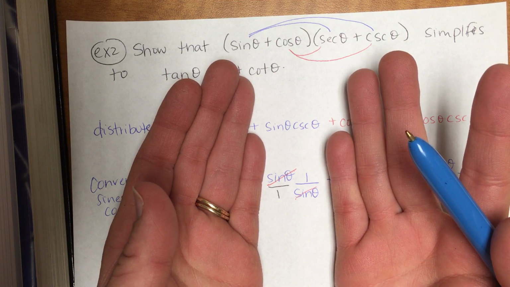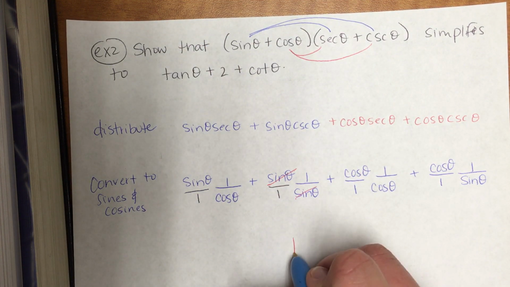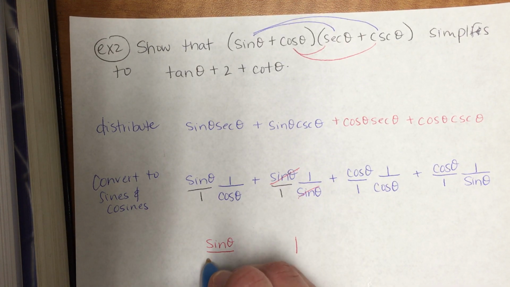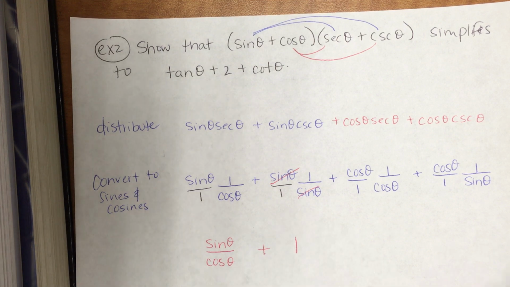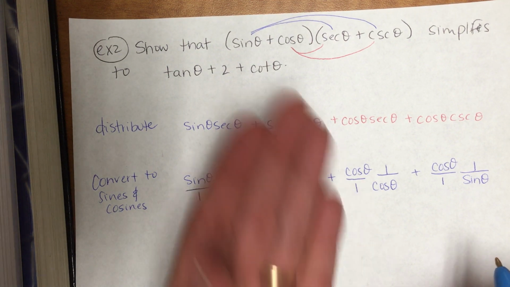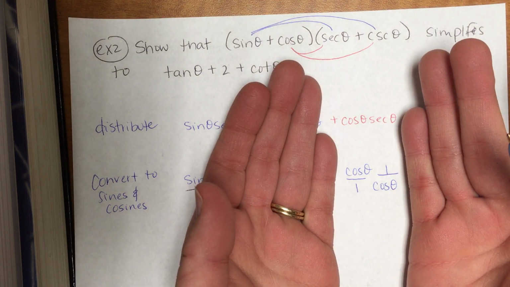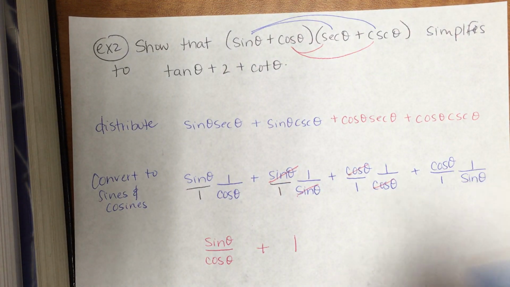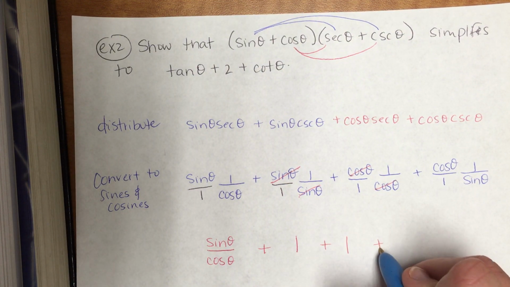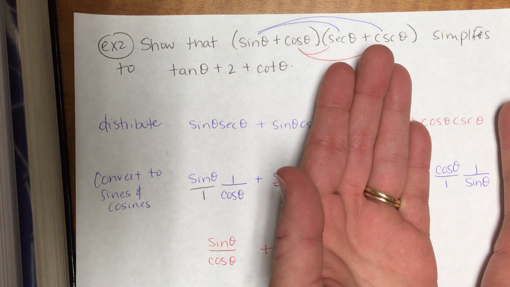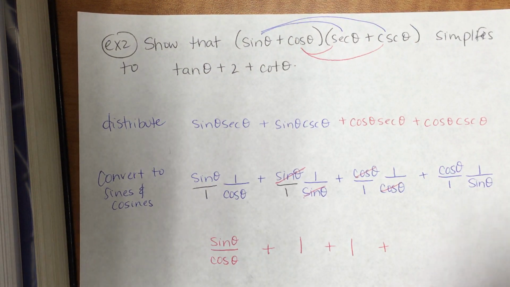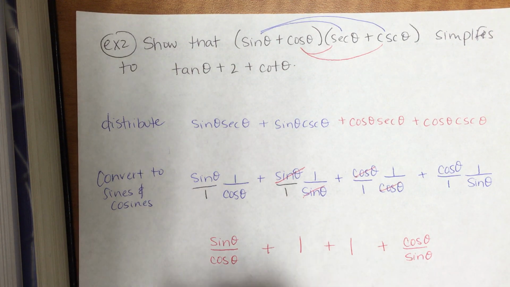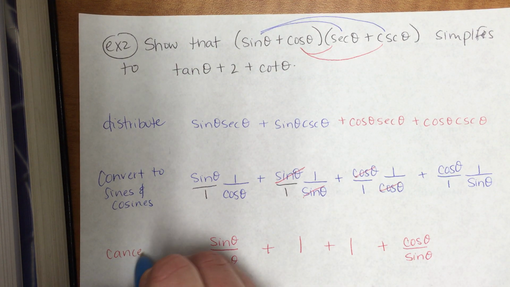Remember, when everything cancels out, you use a 1 as a placeholder. So nothing canceled in the first fraction. Everything canceled in the second one to leave me a 1 as a placeholder. In my third fraction, same thing. My cosines cancel, 1 on top, 1 on bottom. So if everything cancels, use a 1 as a placeholder. And then for your last one, nothing cancels out. So I'm going to leave it as cosine theta over sine theta. So that step was to cancel.